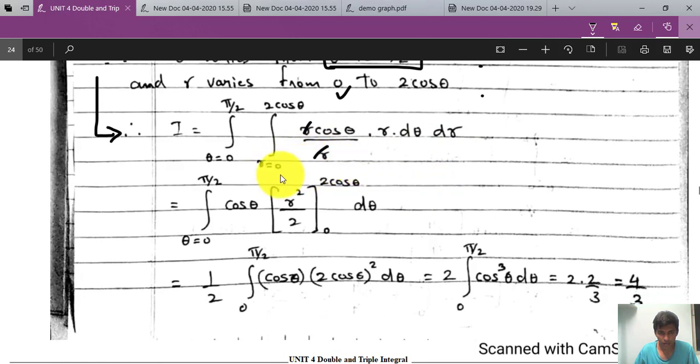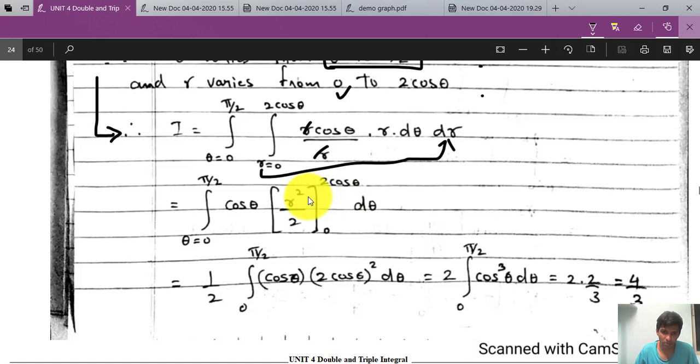Now if I integrate, you should evaluate this r integral first. So cos theta I will take outside, and it becomes r square divided by 2 integrated from 0 to 2 cos theta, with d theta. Now this 1 by 2 I am taking outside.